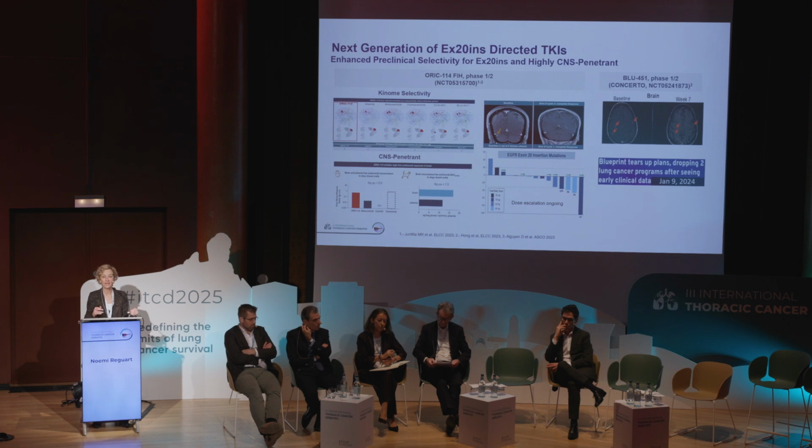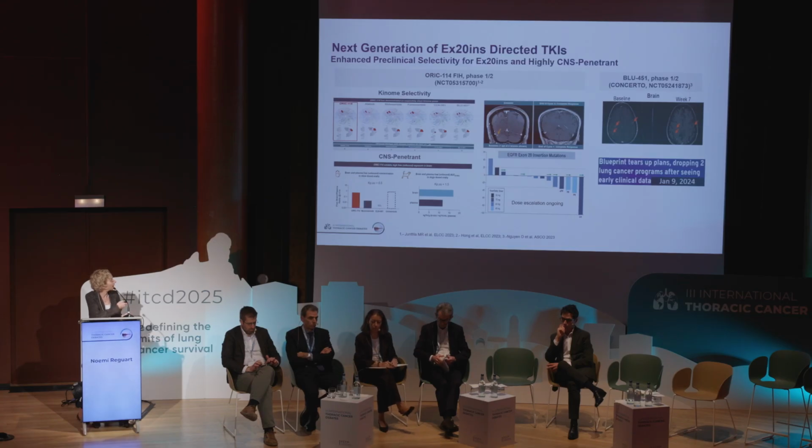And unfortunately, although, for example, tipalertinib has been designed to cross the brain barrier, we don't have data on the activity of these agents. We just have some anecdotal responses. So we need agents that are more active, that go to the brain, that have brain activity, and we have some of them, at least ORIC-114, because the blue-451 has been shut down from development.